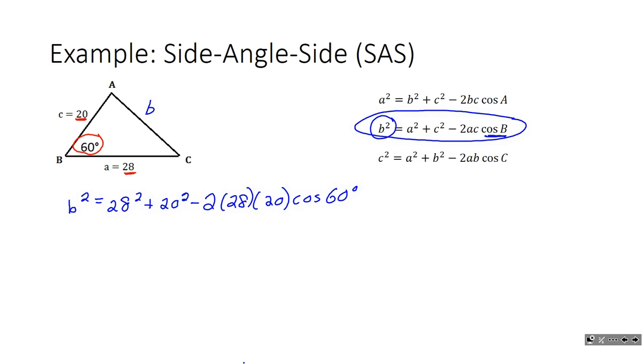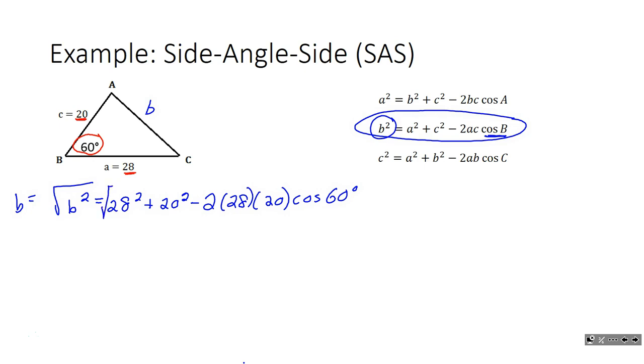Now you might be tempted to start putting that in your calculator right now, but instead I'd like to first solve this for B before I reach for the calculator. To solve this for B, we would want to take the square root. That then would give us B.